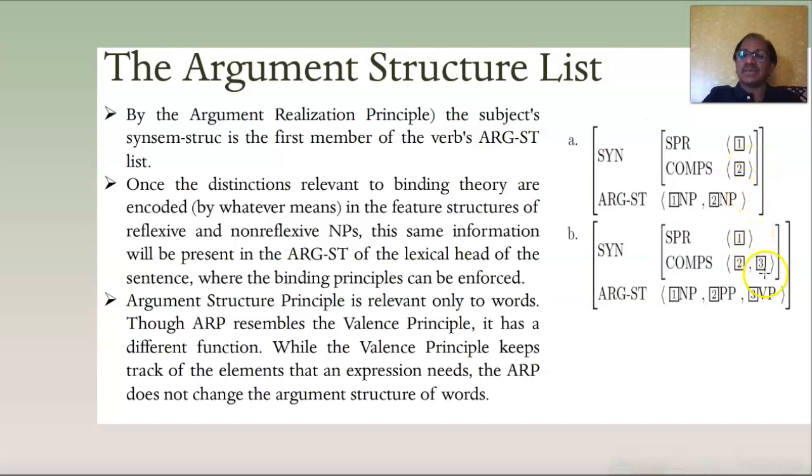And that is transferred here to the object. So what we are saying is, once we decide on the distinction between an anaphor and a non-anaphor, that distinction will be expressed in the argument structure. That is, the same information which we have in the object is present here on the argument structure.